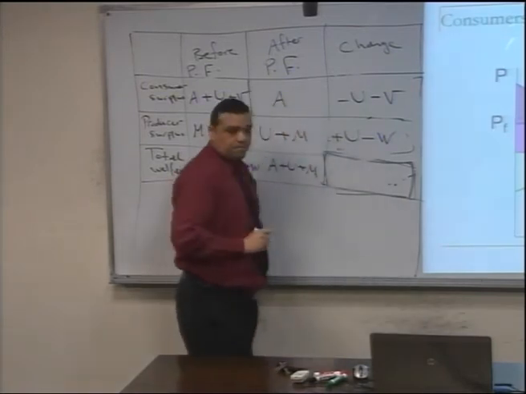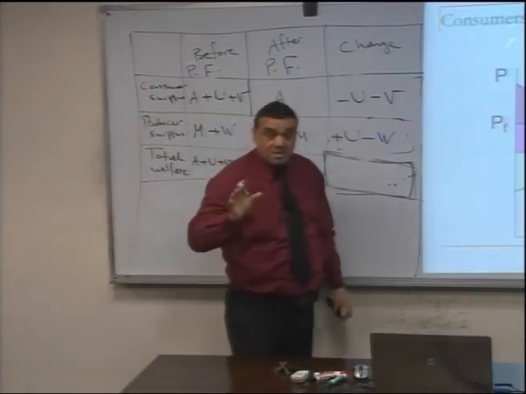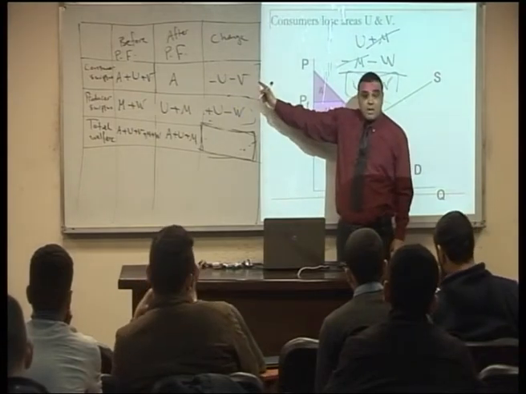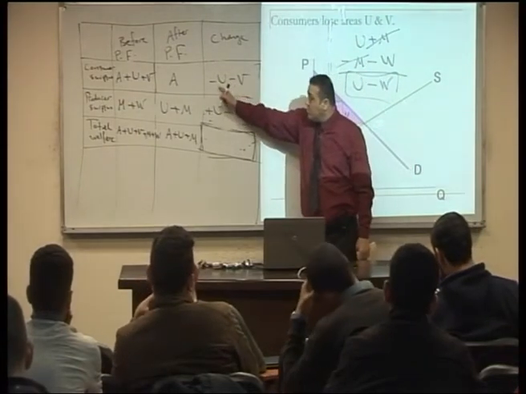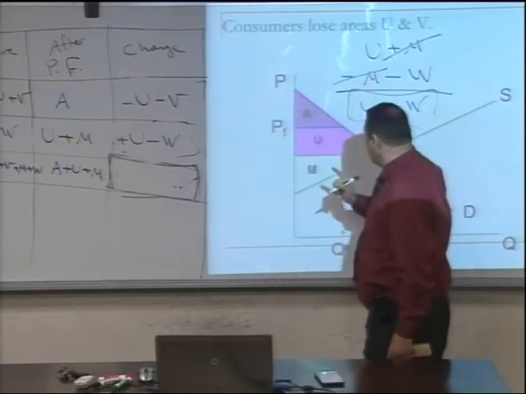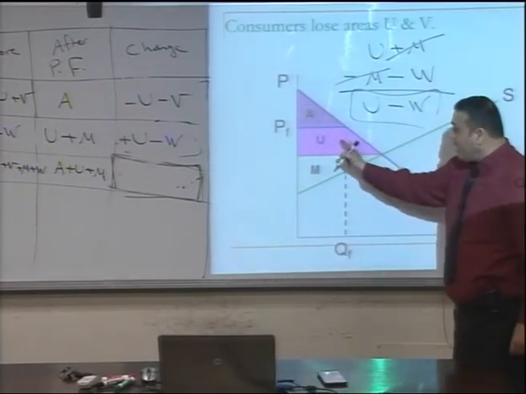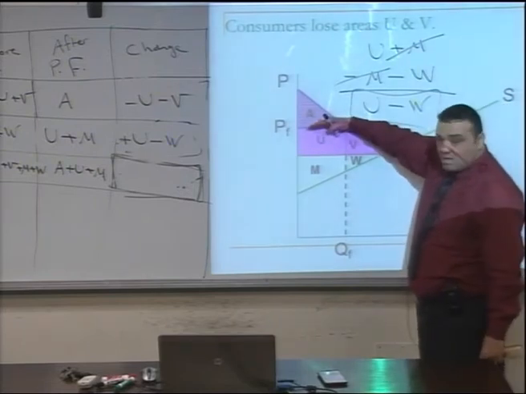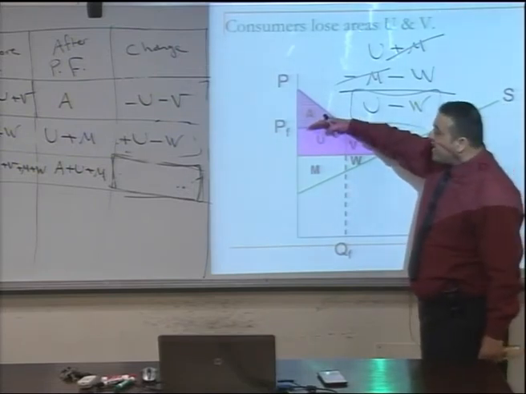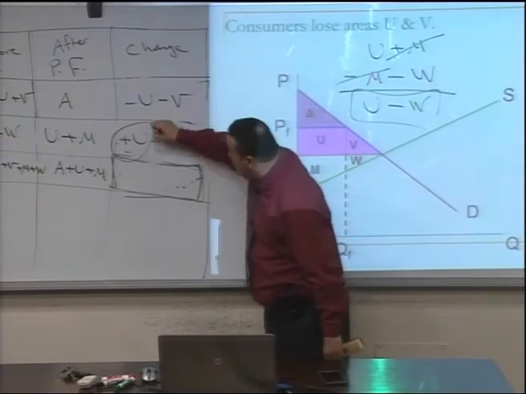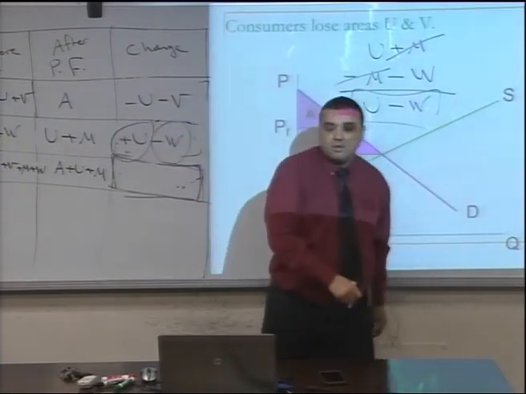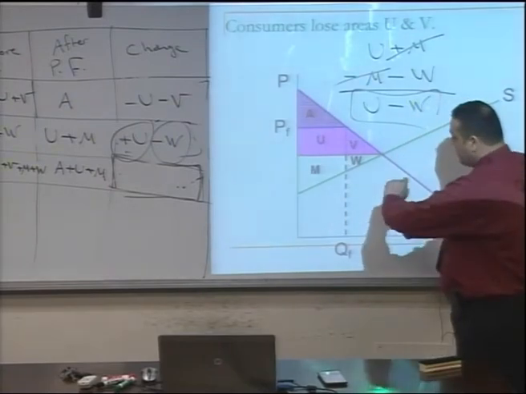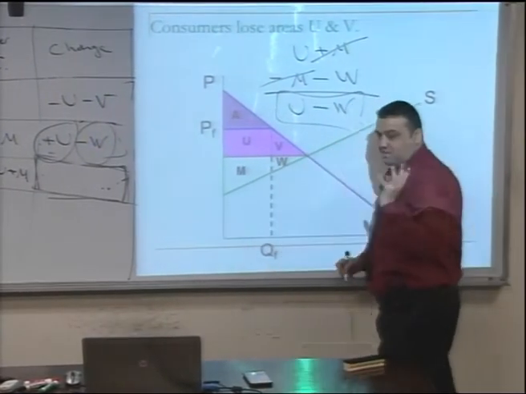Which means that the consumer lost U and V, but the producer, after imposing this price, gains U and loses W. So, what do you see?